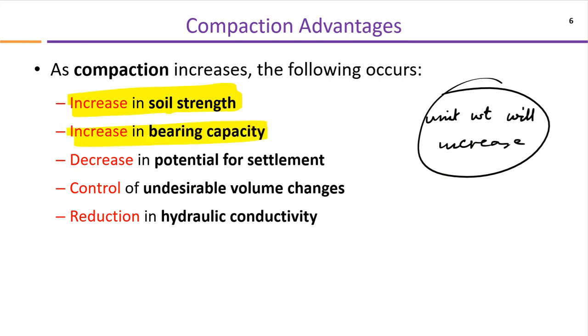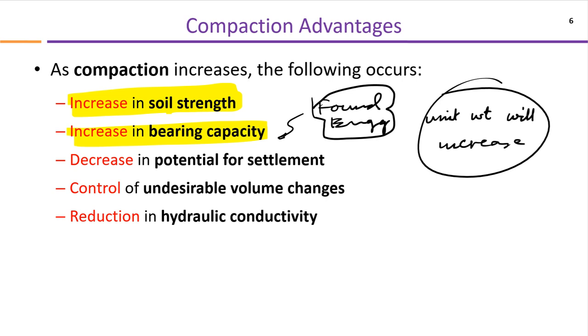This we are going to study. There is a whole course of foundation engineering, in which you are going to study the bearing capacity. At the moment, just remember that it is the load carrying capacity of the soil, how much load we can apply on the soil. So if the soil is dense, it can take more load, it will have more bearing capacity.